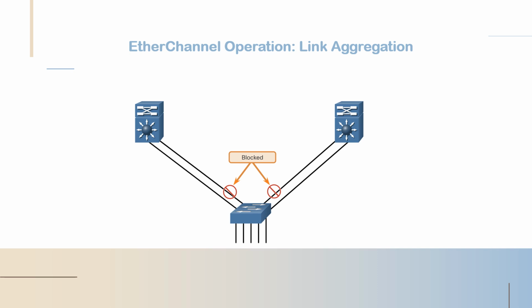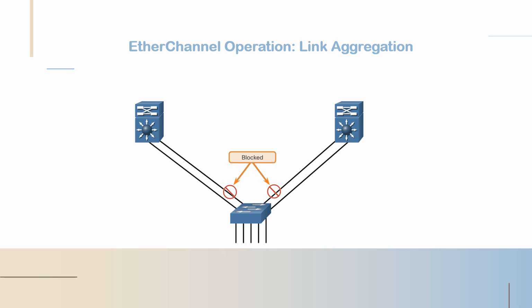A link aggregation technology is needed that allows redundant links between devices that will not be blocked by Spanning Tree Protocol. And this technology is known as EtherChannel.